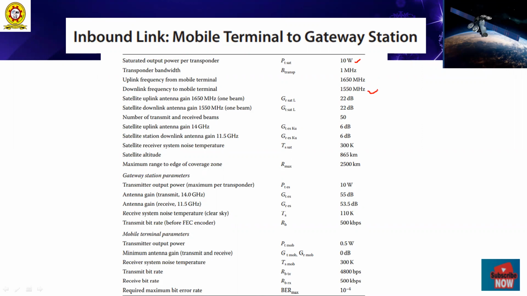Similarly, the satellite uplink antenna gain is 22 dB here. And similarly, the downlink antenna gain is 22 dB. So uplink and downlink are 22 dB and 22 dB.